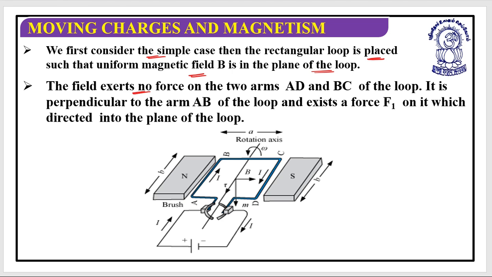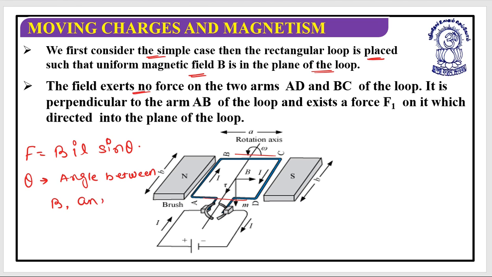So the field exerts no force on the two arms, AD and BC. Why? Do you have any idea? Why does it not have any magnetic force? Because the force on a current carrying conductor is F equals BIL sine theta, where theta is the angle between the magnetic field B and the length element.